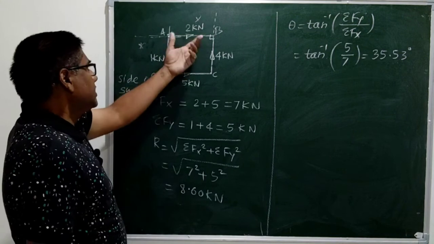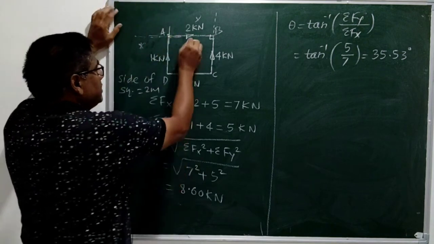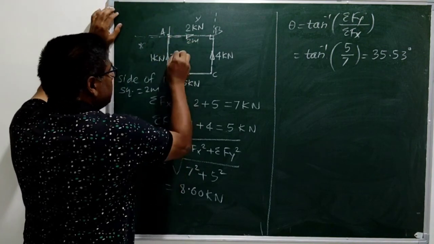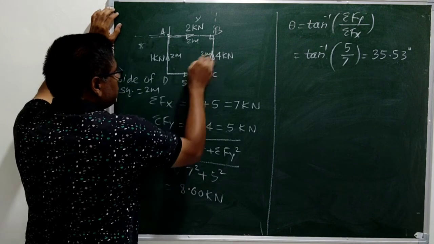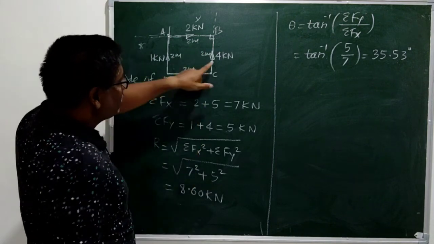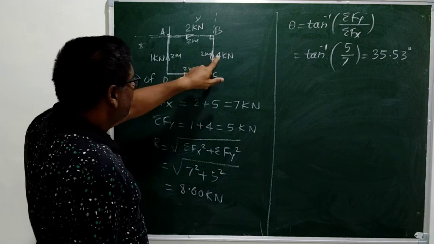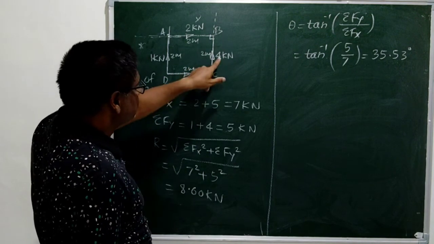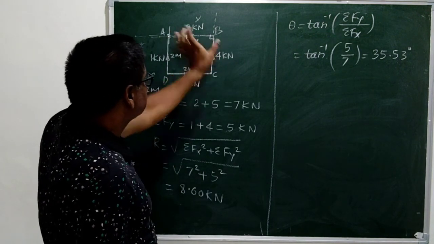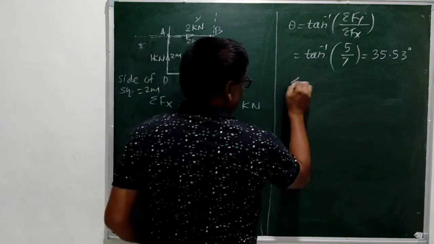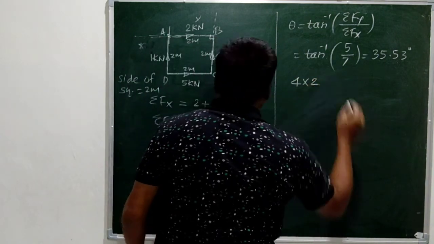Now as the side of the square is 2 meters, everywhere we get 2 meter distance. Therefore the moment of this 4 kilonewton force is 4, the magnitude of the force, into this perpendicular distance, 2, that is 4 into 2.